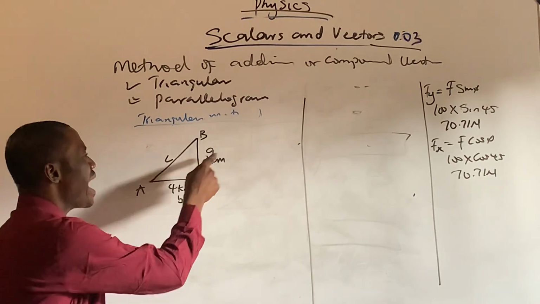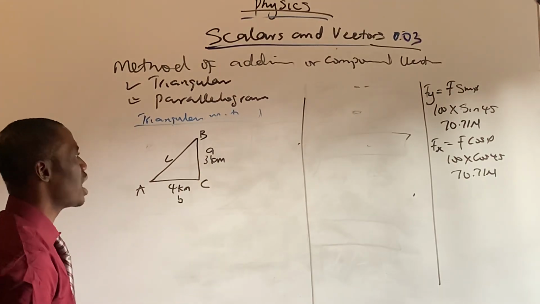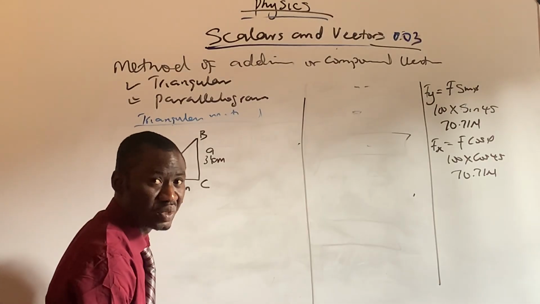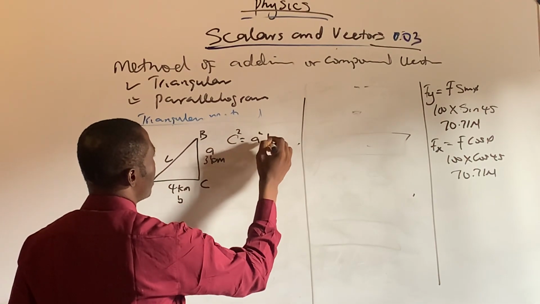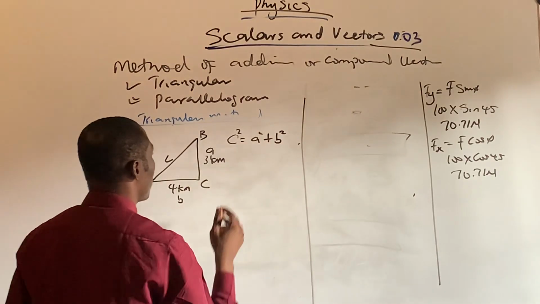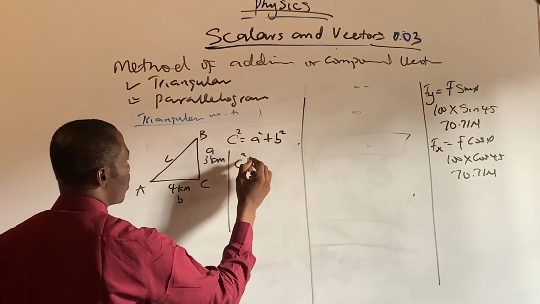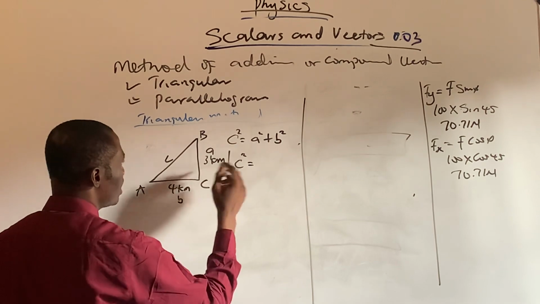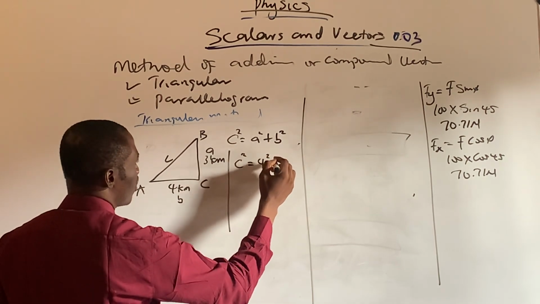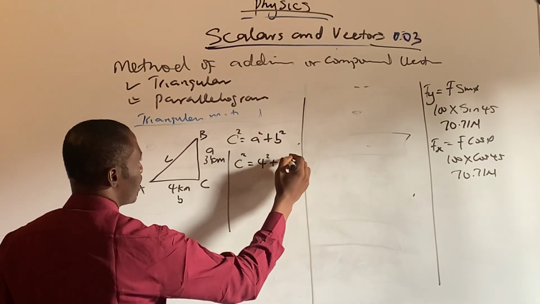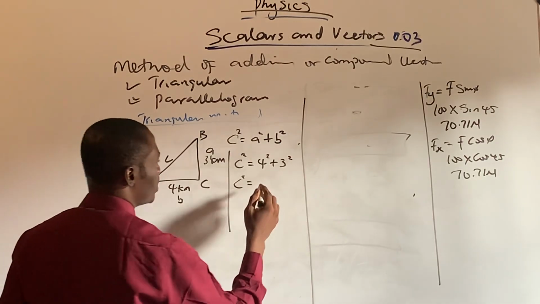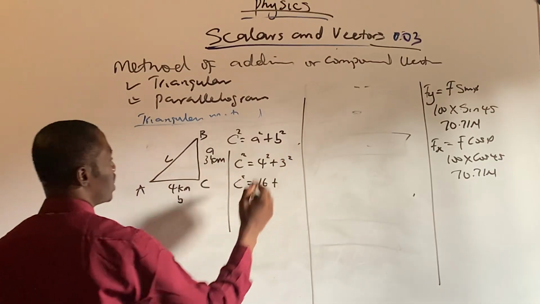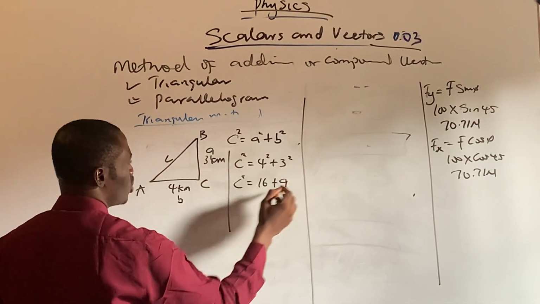Now, if you want to find the missing side of the triangle, we are going to use Pythagoras theorem. And Pythagoras theorem is c squared is equal to a squared plus b squared. So for us now, c squared is equal to 4 raised to the power of 2 plus 3 raised to the power of 2. 4 raised to the power of 2 is 16, plus 3 raised to the power of 2, which is 9.